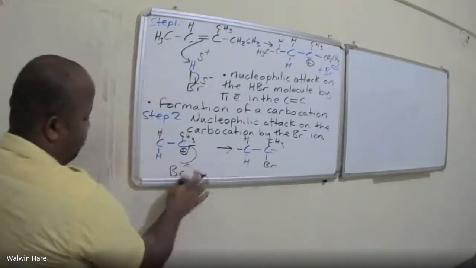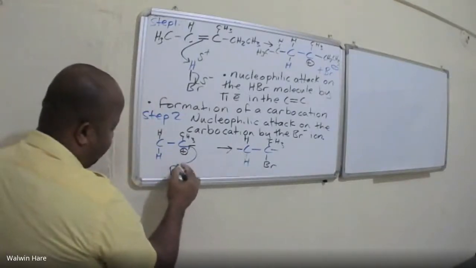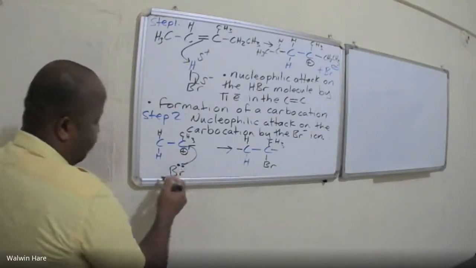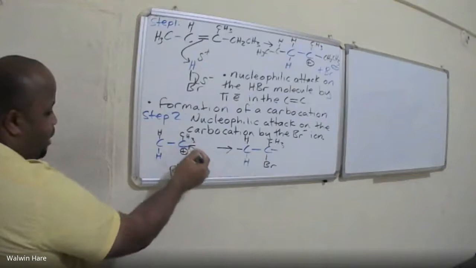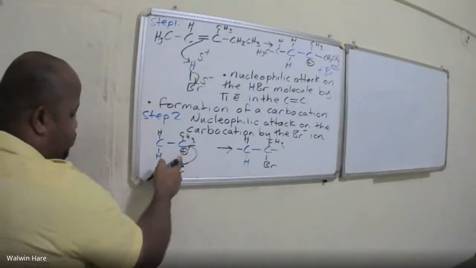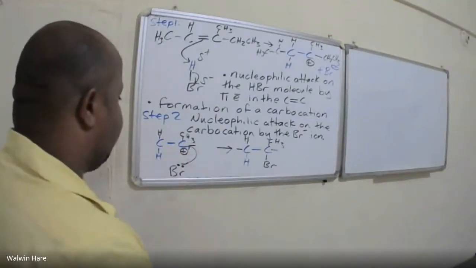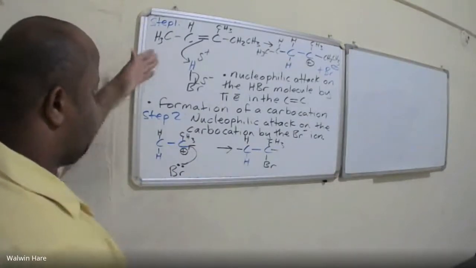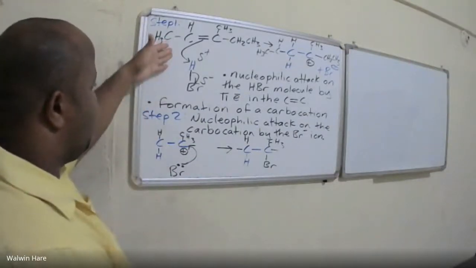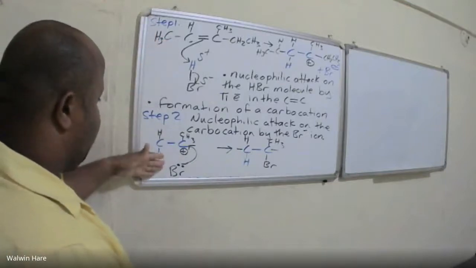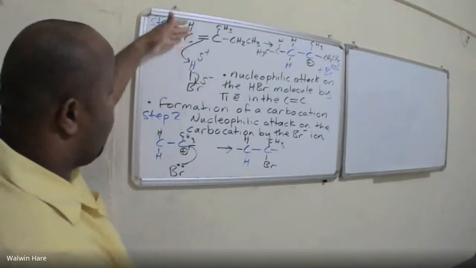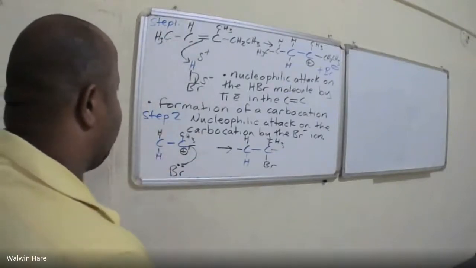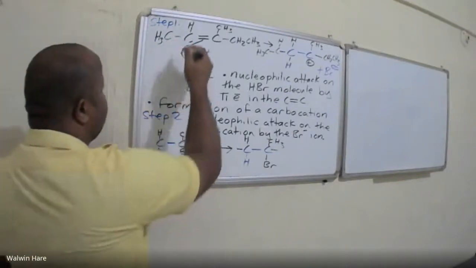If you want, you can actually put a lone pair on it, right? So you show that we are donating a pair of electrons to the positive carbon atom. And that's it. It's just 2 steps. Nucleophilic attack by the pi electrons, and in step 2, nucleophilic attack on the carbocation.